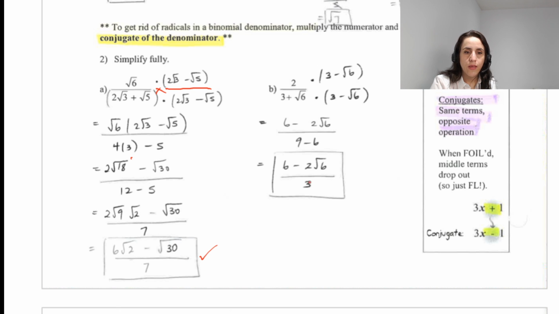So here I have 2 over 3 plus radical 6, which is going to be multiplied by 3 minus radical 6, numerator and denominator. That makes 6 minus 2 radical 6 over 3 times 3 is 9 minus radical 6 to the power of 2. Here I'm going to write down the conjugate for you.